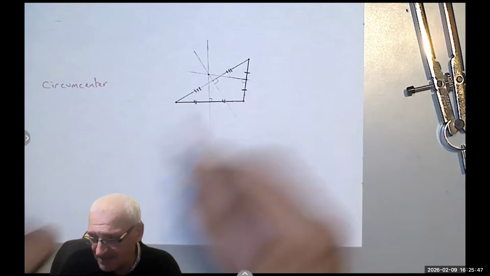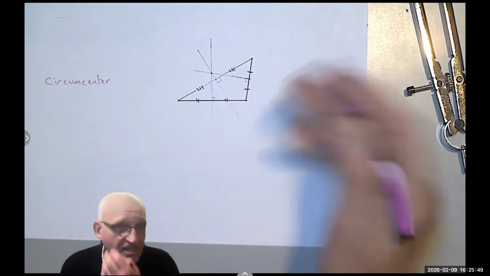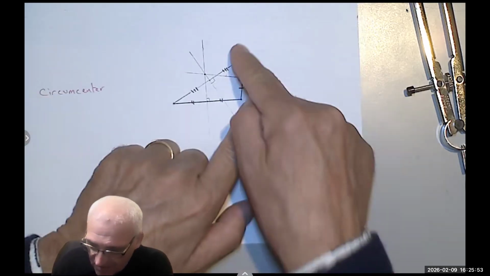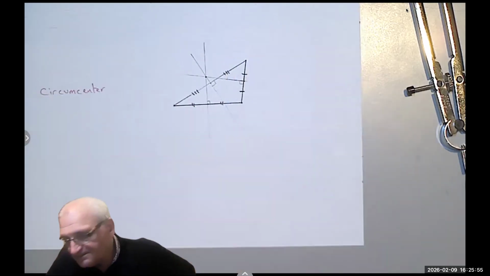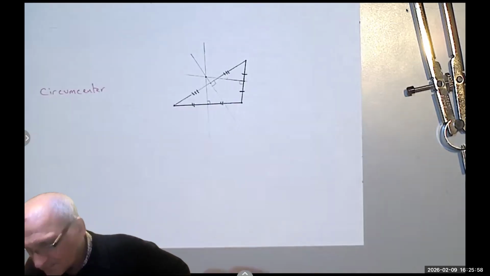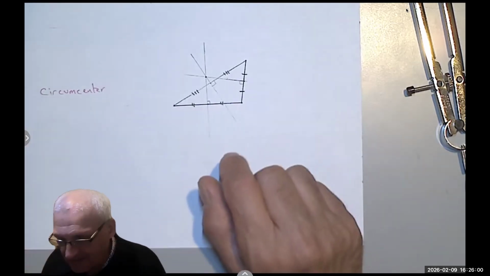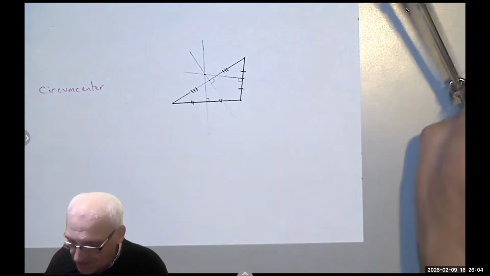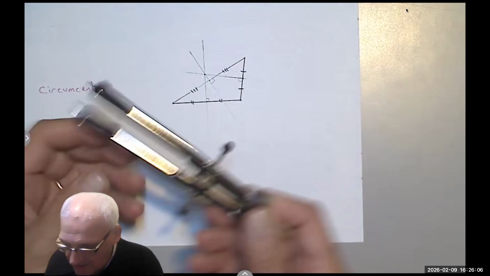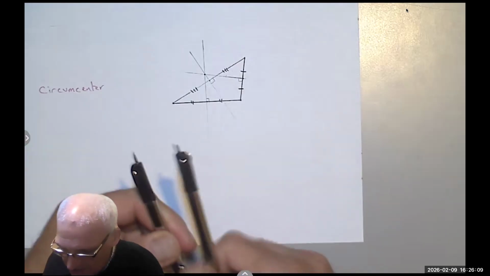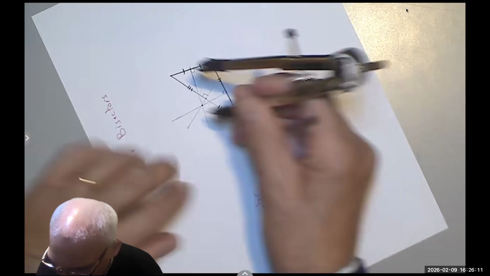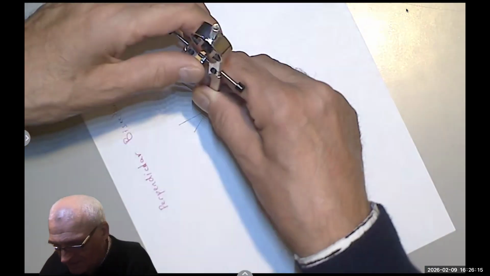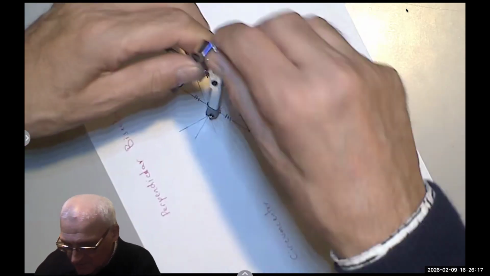Notice that this can be inside if the triangle is acute. It can be here if that was a right angle, or it can be outside when one of the angles is obtuse. Now if we enlarge the circle, let it pass through one of the vertices.